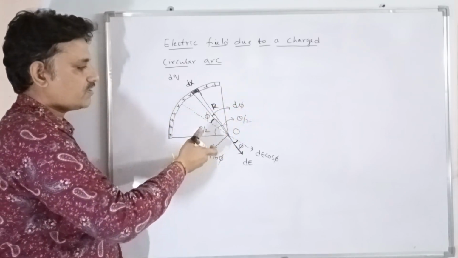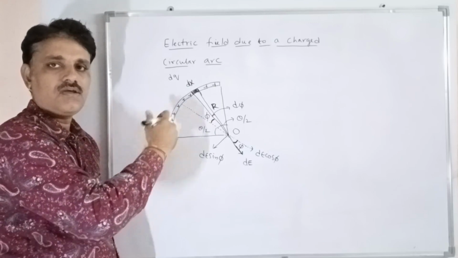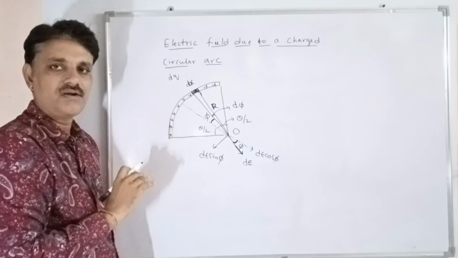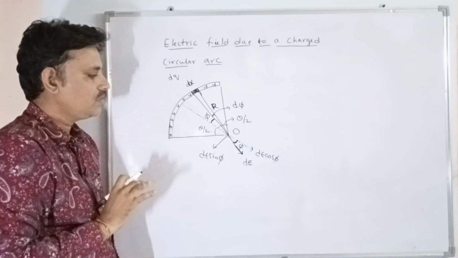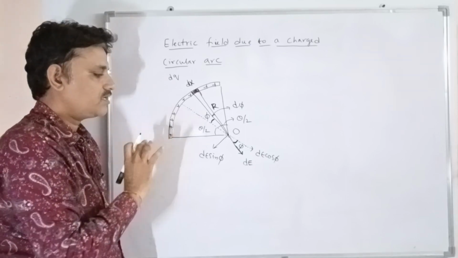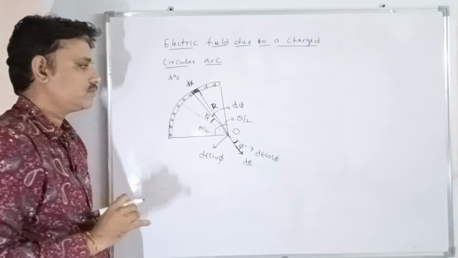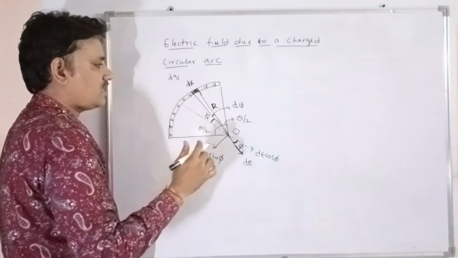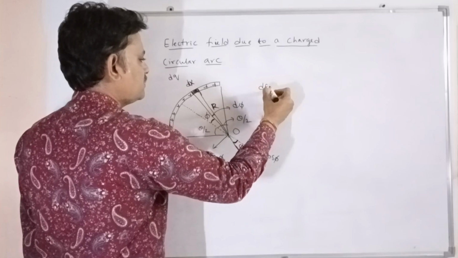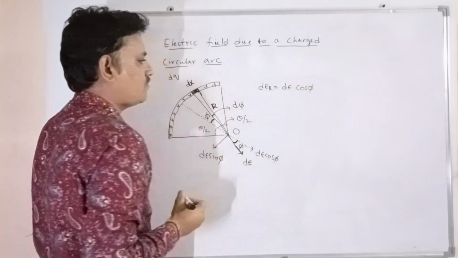So the dE sin phi components are equal and opposite, and due to symmetry they are cancelled. So the dE cos phi component is the resultant electric field here.